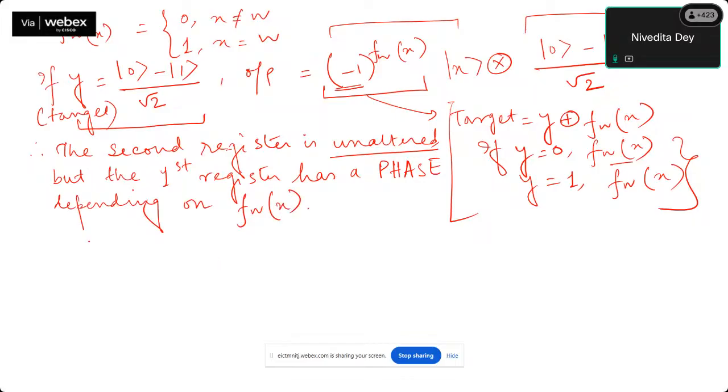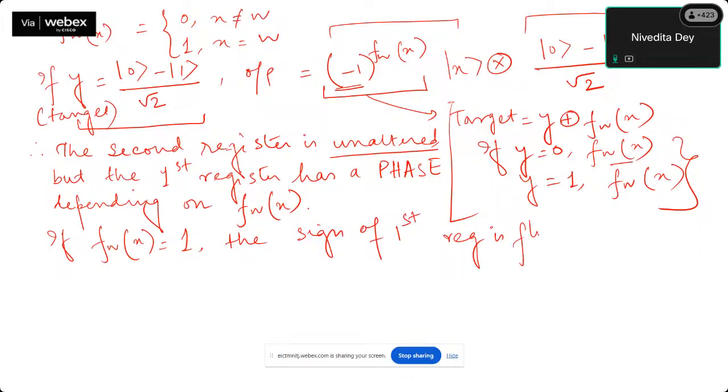So if f of w of x is 1, the sign of the first register is flipped. And if f of w of x is 0, of course it is unchanged. Now a quick recap. When will f of w of x be equal to 1? Whenever x is equal to w.